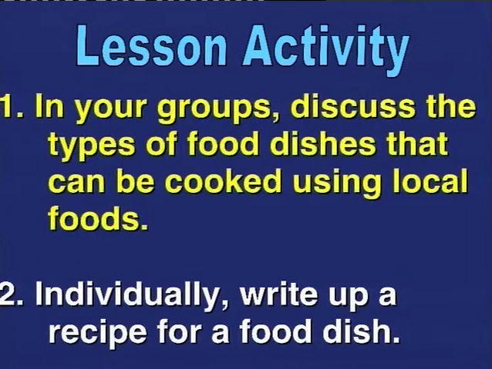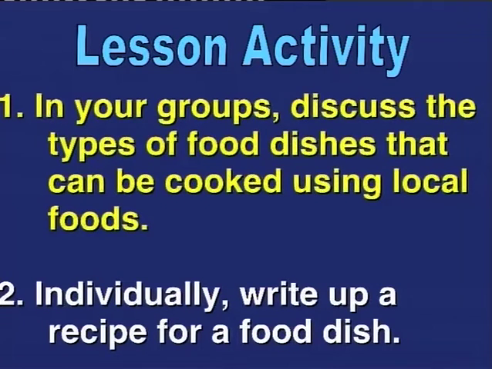What's yours, Junior? What's your food dish? Mine is banana chips. Banana chips, okay. And Junior is still thinking. And yours, Quarry? Sago. Okay, just sago or sago with something?